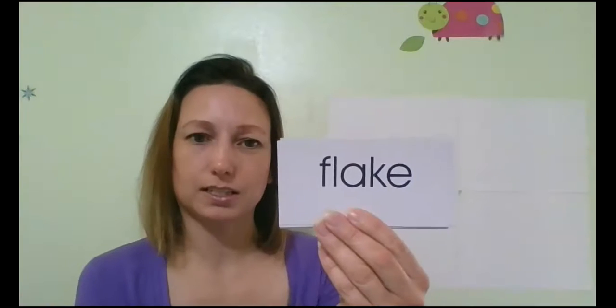Both of those have 3 sounds, but the sound of my A is changing based on that E. Gate, safe, flame. F, l, a, m, flame, like you light a candle, it has a flame on it.